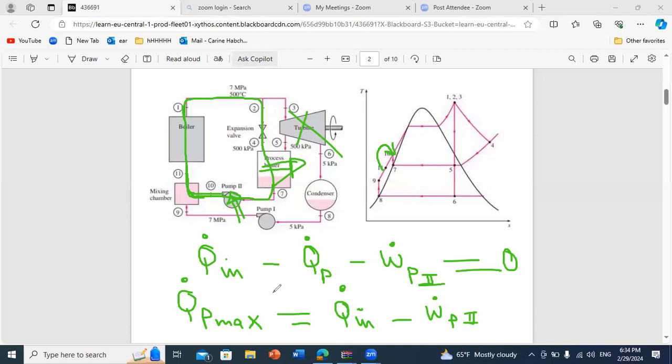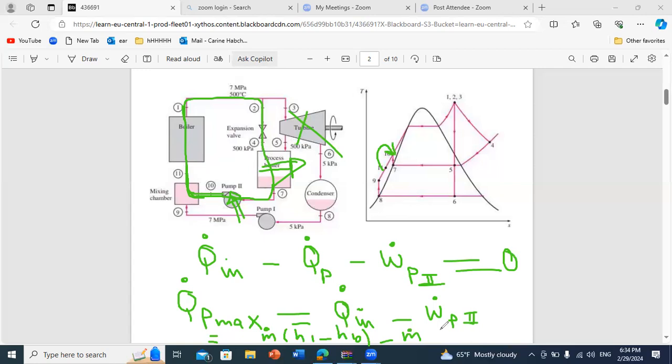And that's why when I do my calculation, I will replace Q dot N by m dot (h1 minus h10). And for my pump, minus m dot times, and here the mass flow rate is the same because we don't have any extraction. It's the same mass flow rate circulating in all parts of my system.